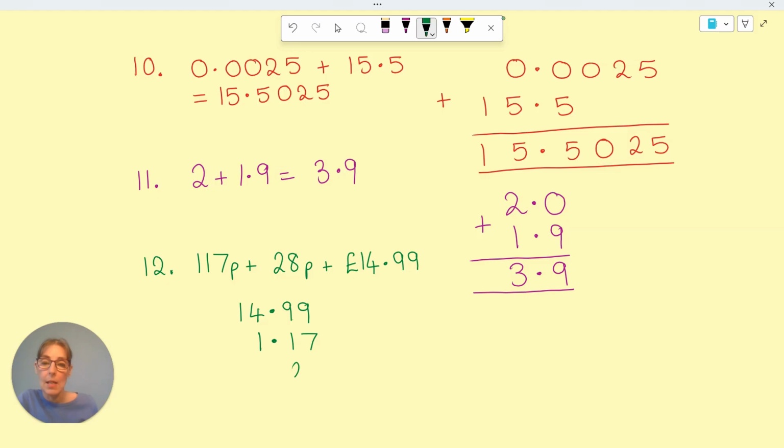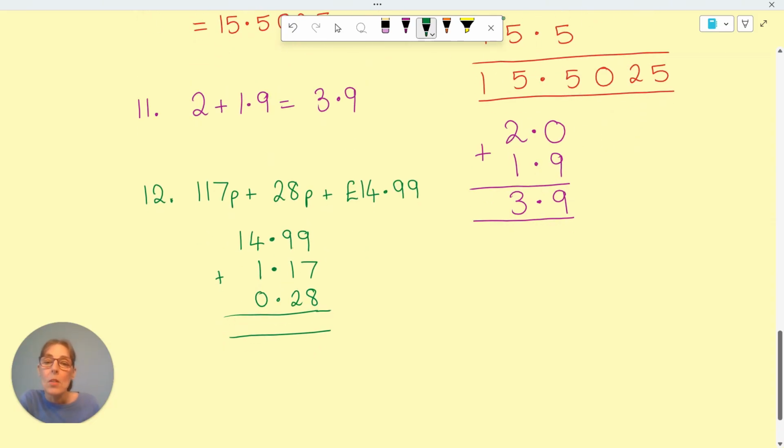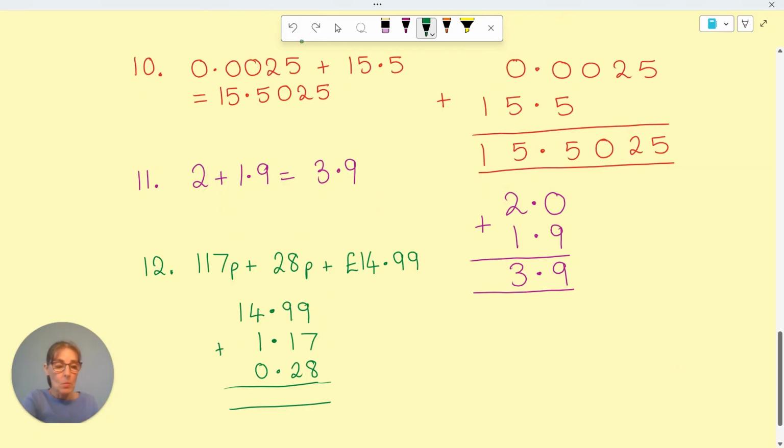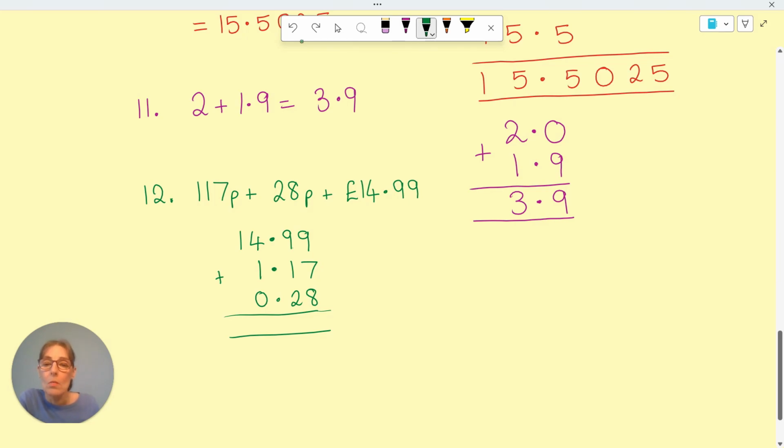28 pence is the same as saying 28 on this side here. I'm just going to move that a little bit. So 9, add 7, add 8. Well, I'm going to take one off the 8 to turn it into a 7. So 8 take away 1 is 7, and the 1 I'm going to put onto the 9 to make 10, and add the 2 7s to make 14, to make 24.